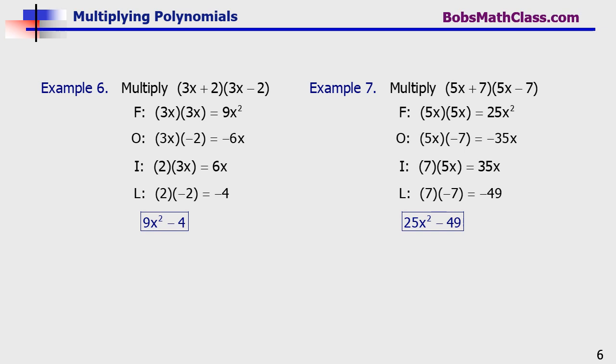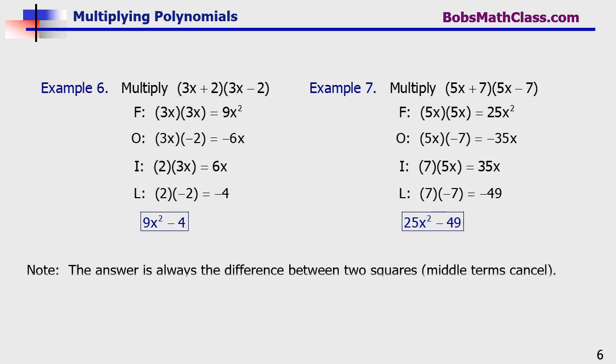Look at the first answer, 9x squared. That's 3x times 3x. 4 is 2 times 2. They're called perfect squares. 25x squared is 5x times 5x. 49 is 7 times 7. And in both cases, there's a minus in the middle. So it's called the difference between two squares.